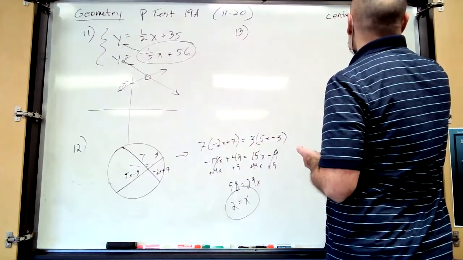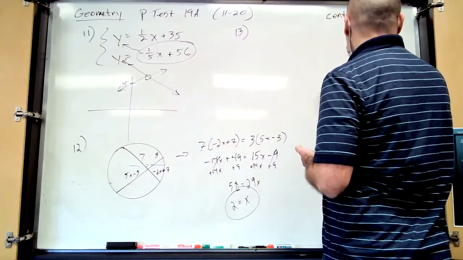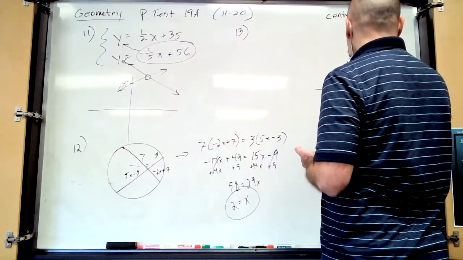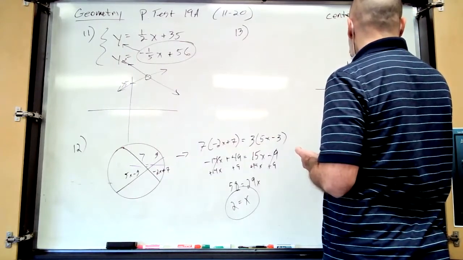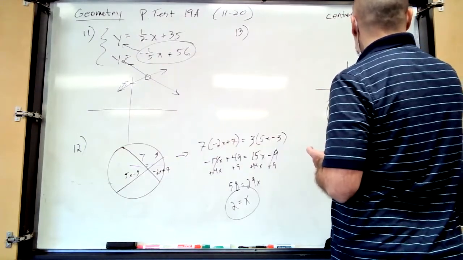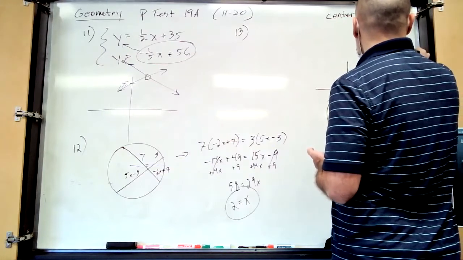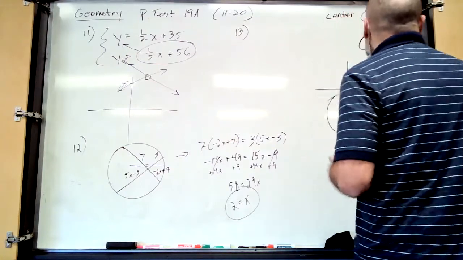So this is what happens. So your center is at 1, negative 4. So 1, negative 4 is right there. So your equation is x minus 1 parentheses squared plus y plus 4 parentheses squared still equals 9.